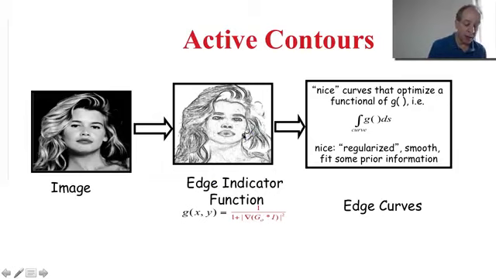So I want to find curves that travel around regions where this image is very small. And this is represented here. I am integrating over the curve the function G, and I want that integral to be very small. That will be my curve for the active contour. So this is a function of G, and I'm looking for the curve that minimizes that function.